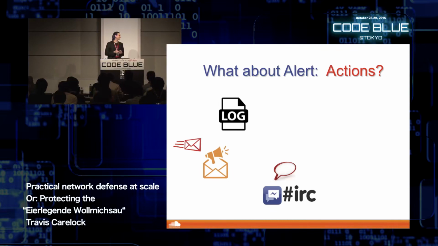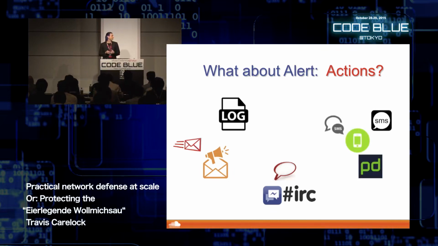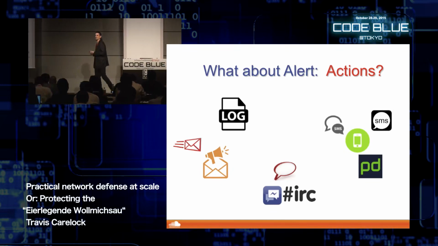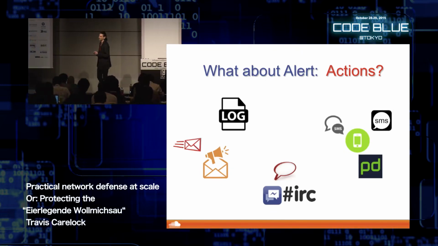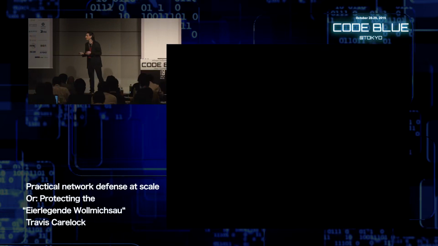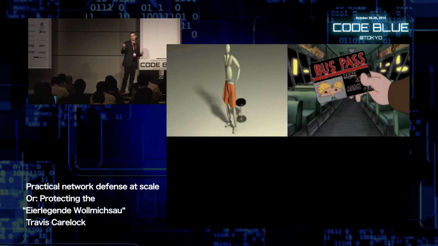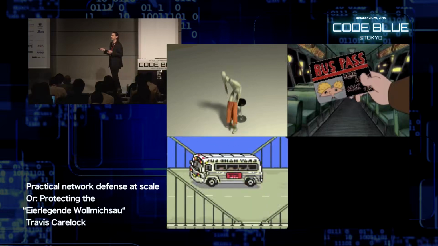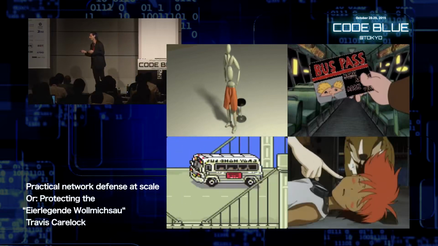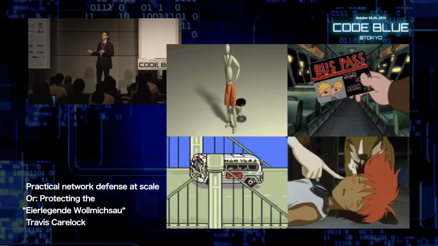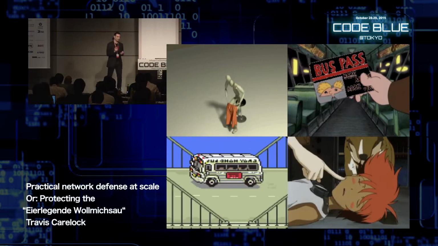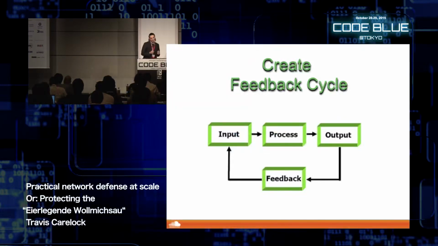Some may go out to PagerDuty, or page you, or send some sort of SMS. And then there's some anomalies where we really want the alert to put on a pair of pants, buy a bus ticket, ride to your house, and wake you up. I haven't really figured out how to code this yet, but it's a good anomaly.